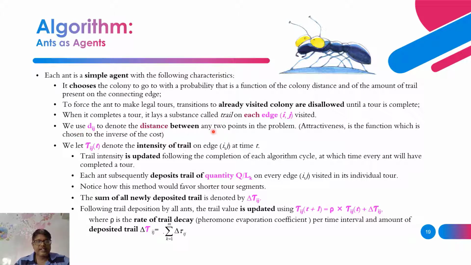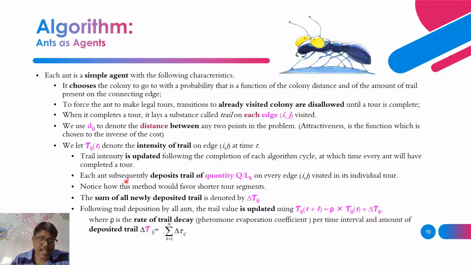And the edge i,j will have a distance. d_ij denotes the distance between the points, and attractiveness is the function which is chosen to be the inverse of the cost. And tau denotes the intensity of the trial on the edges at a particular time, and the trial intensity is updated after completion of each algorithm cycle, at which time every ant will have completed the tour.